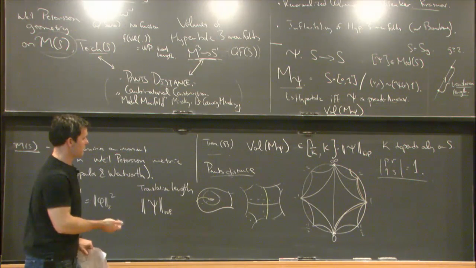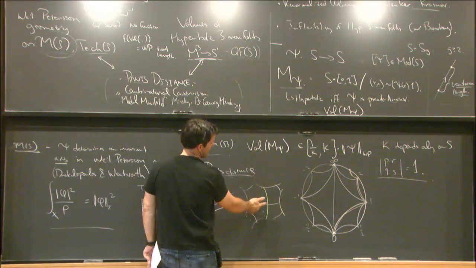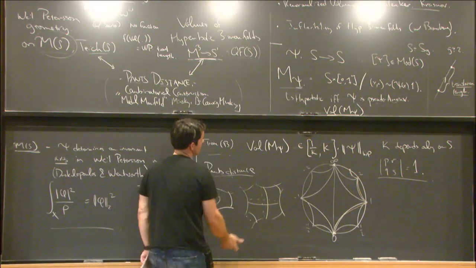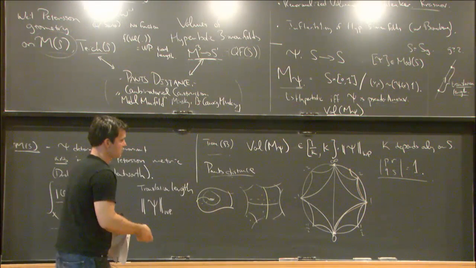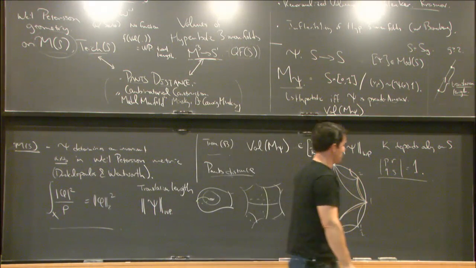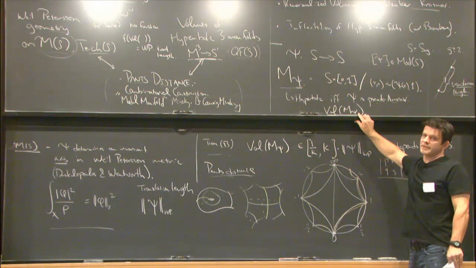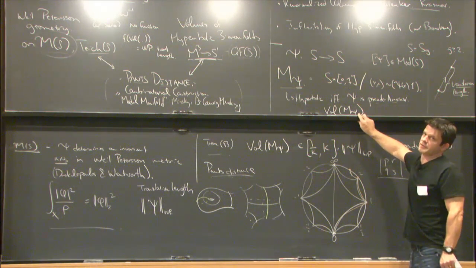Now, I guess what I want to emphasize here is that, as I noted, there's a Z's worth of possible moves one can make from one curve, which corresponds to a Dehn twist action about the curve that's fixed. So what this should suggest is that Dehn twists do not increase pants distance. And likewise, Dehn fillings do not increase volume.